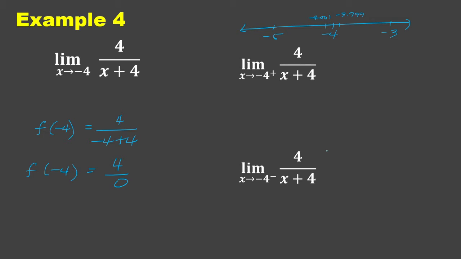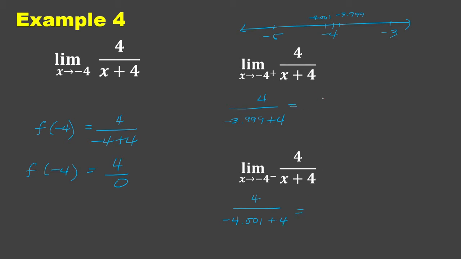Let's try those numbers. From the right, we have 4 over negative 3.999 plus 4. And from the left, we have 4 over negative 4.001 plus 4.